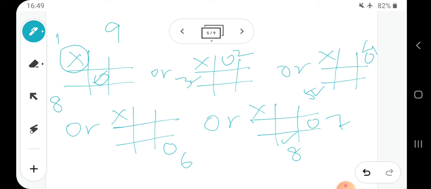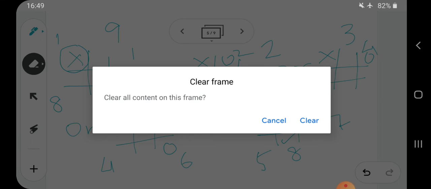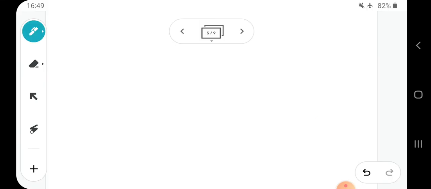All 8 different positions are covered over here just by one move, two moves, three moves, four moves, and five moves. Simultaneously, if we go back and analyze this particular position where the cross player initiated with the middle location, then we can see that if the circle player marks over here, that is similar to these, and this position.